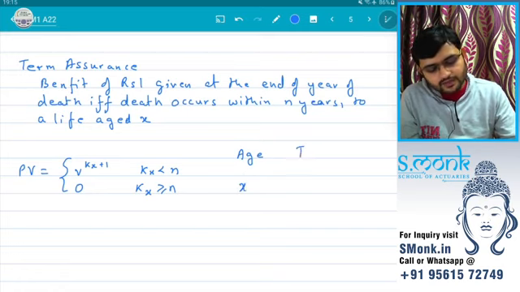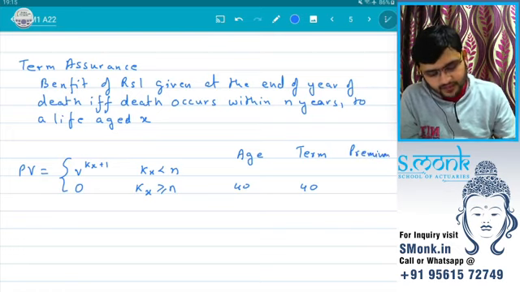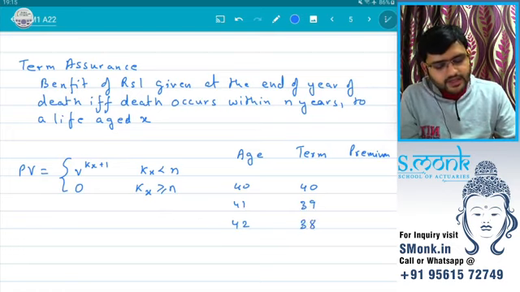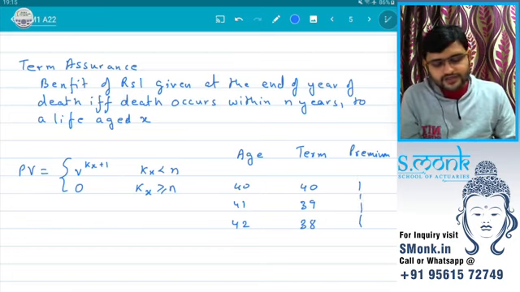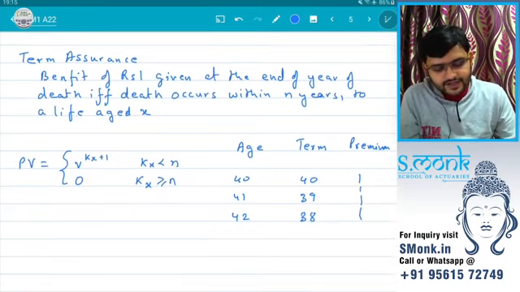So let's say at age 40 you can get a term policy of 40 more years, and you will have to pay a certain premium. Then at age 41 you can buy 39 years, at age 42 you can buy 38, and of course the premium will start increasing. That way they will have a chart. They will say, let's say, we will restrict it to age 59. A person aged 59 would not be buying after that.